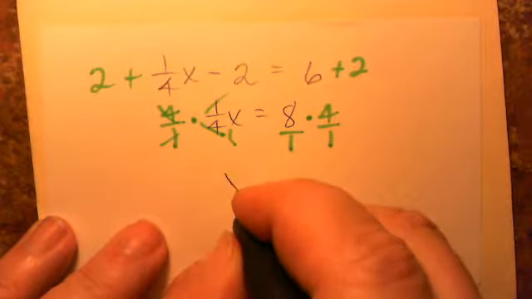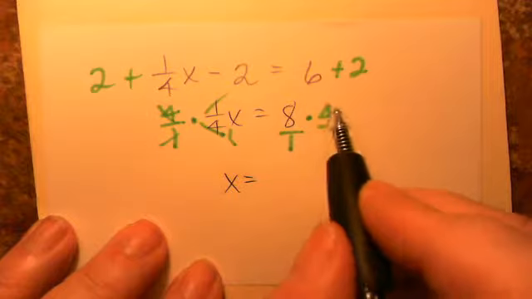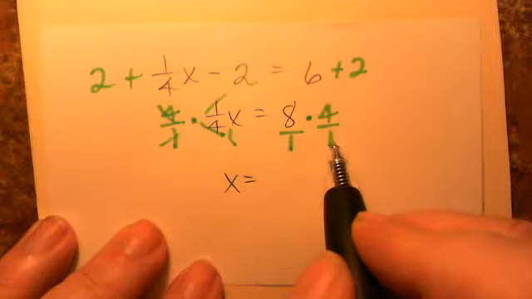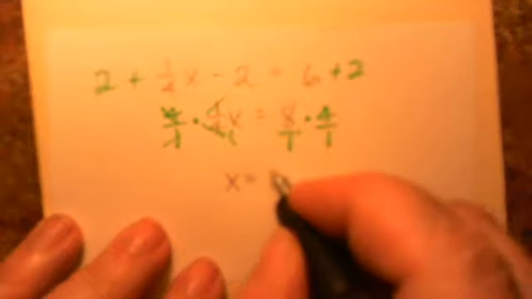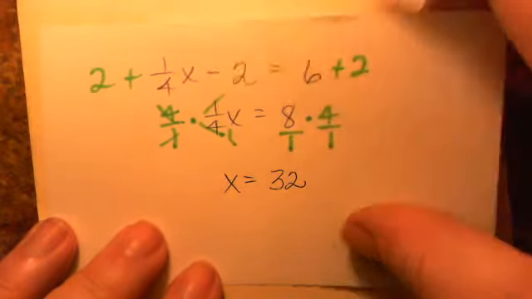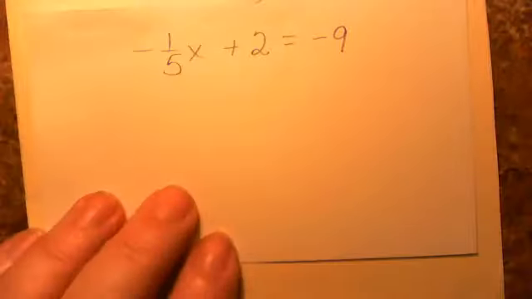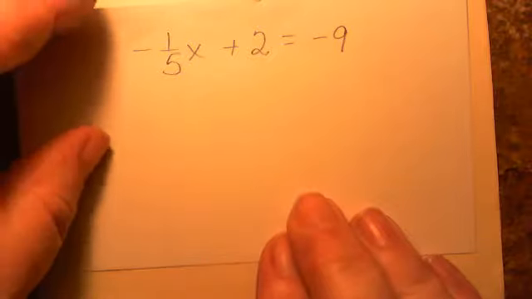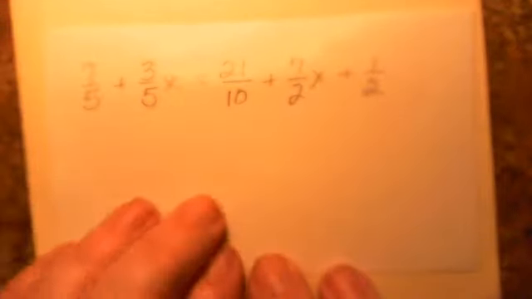Everything cancels. We have x by itself. And 8 times 4, we have only one denominator, so 8 times 4 is 32. That one's very similar to the one before it. So let's just stop with this last one.